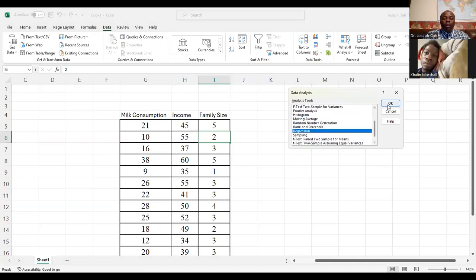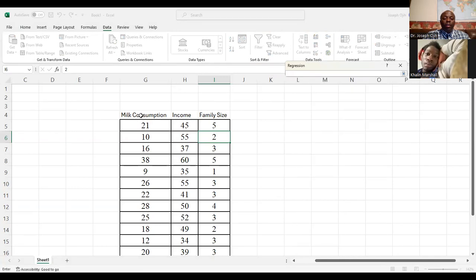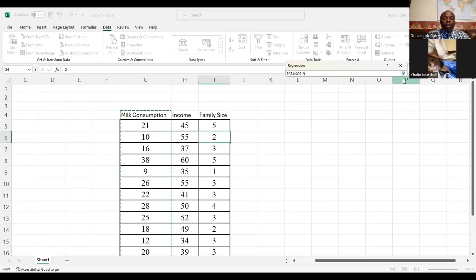Then click OK. Now for the Y, this is the dependent variable, the milk consumption by the family. So you click on this arrow here and then go to Y, click on here and go all the way down to get all of them. See all the Y column. Click OK.